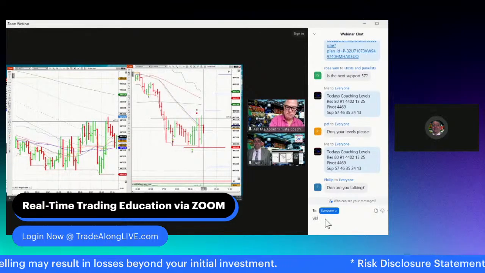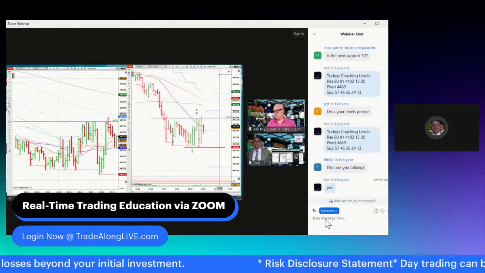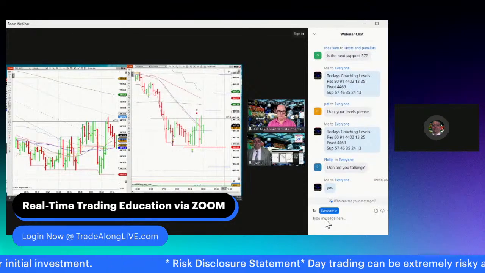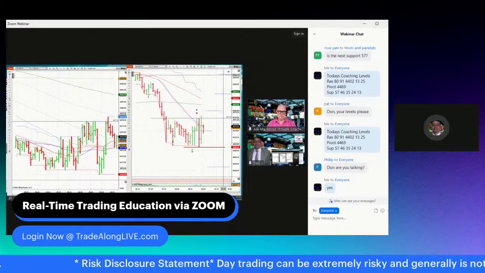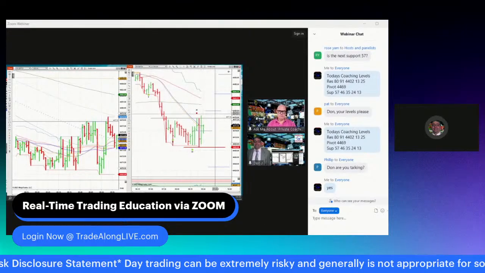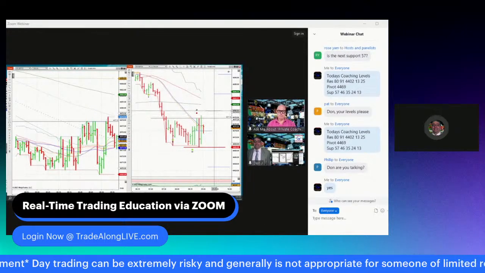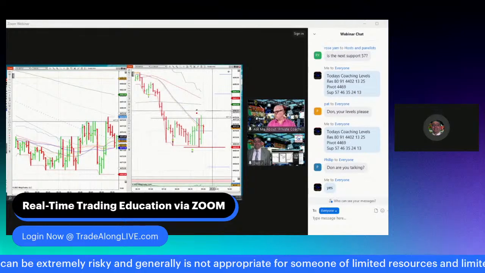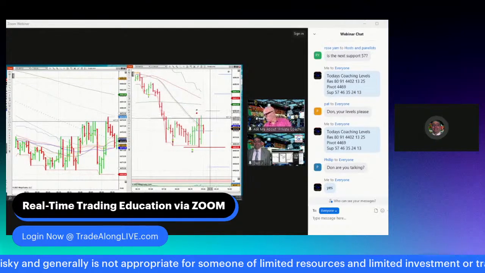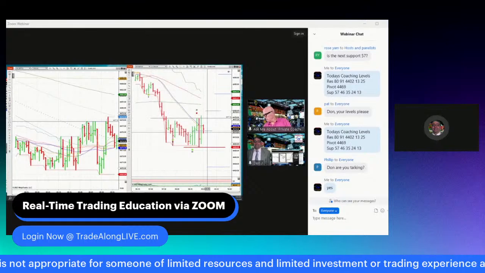I already know where my levels are up here going into this. This is our first level up here at 80. We got to around in this area, then we come back.